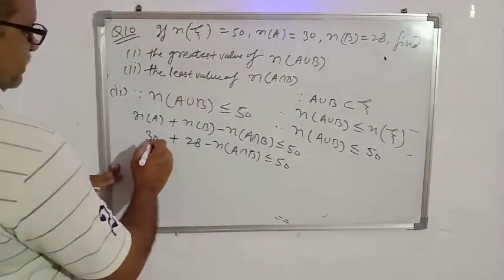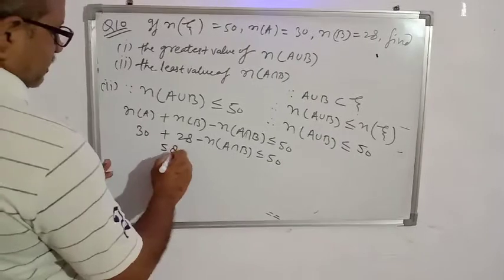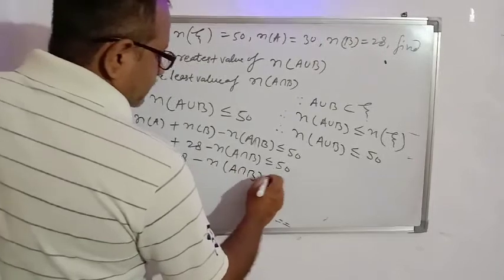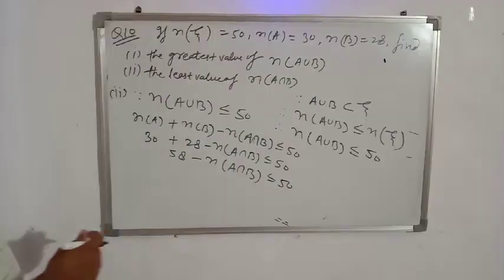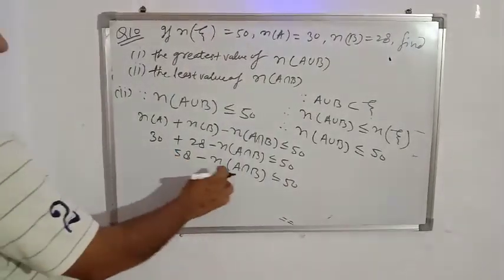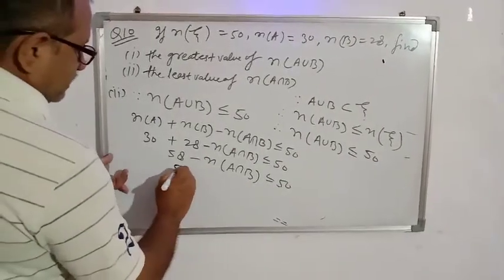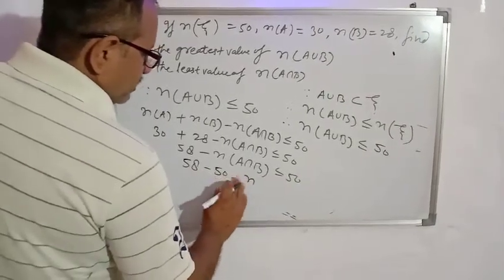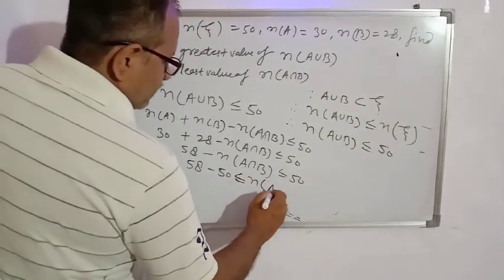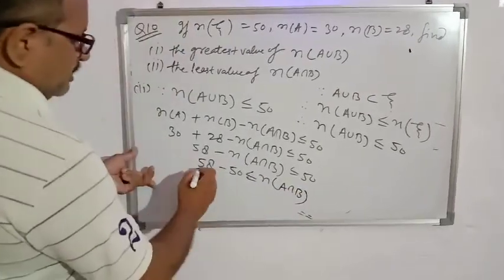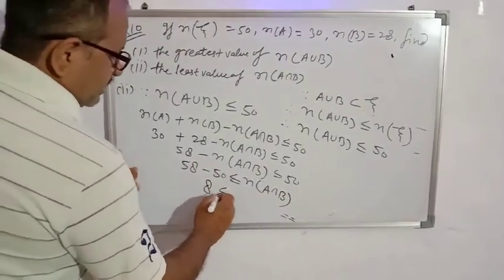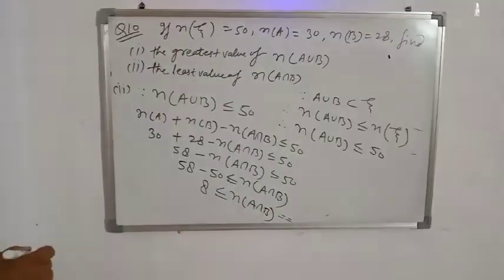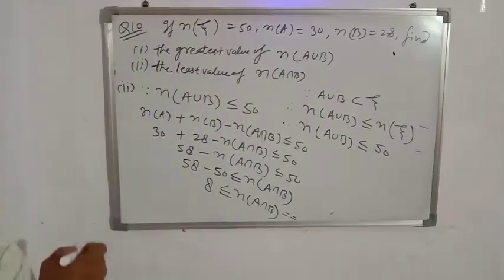So adding, 30 plus 28 is 58, minus n(A intersection B) less than or equal to 50. We transpose 50 to the left side and n(A intersection B) to the right side: 58 minus 50 is less than or equal to n(A intersection B). So 8 is less than or equal to n(A intersection B).